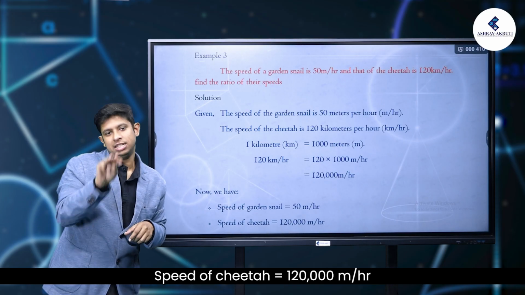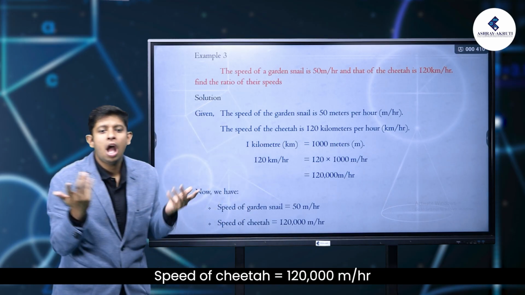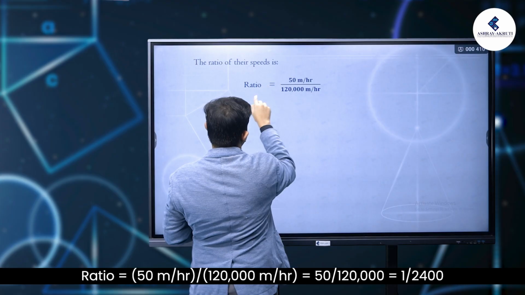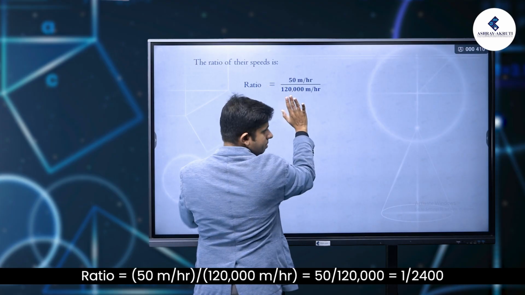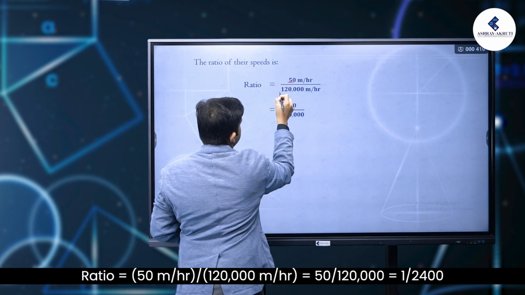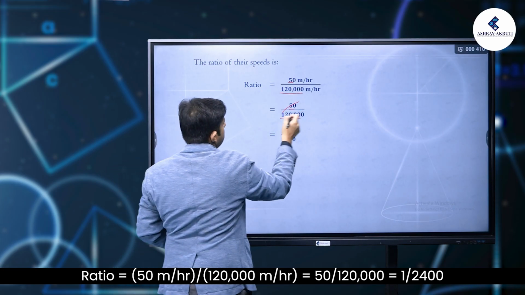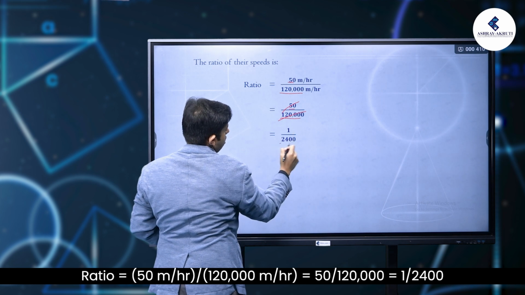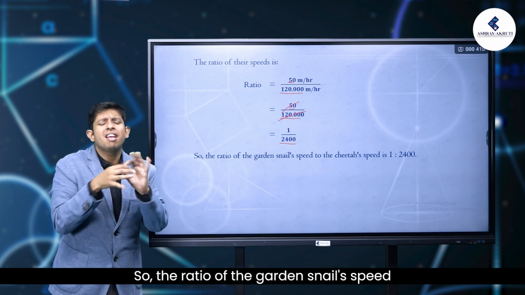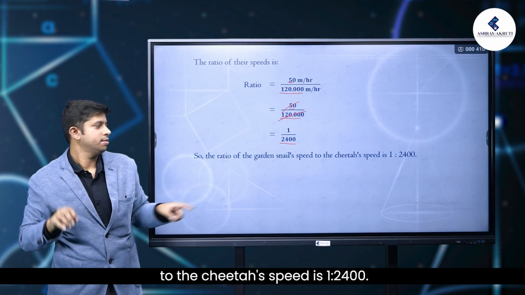Speed of cheetah equals 1,20,000 meters per hour. The ratio of their speeds is 50 meters per hour by 1,20,000 meters per hour, equals 50 by 1,20,000. We get 1 by 2,400. So the ratio of the garden snail speed to the cheetah speed is 1:2,400.